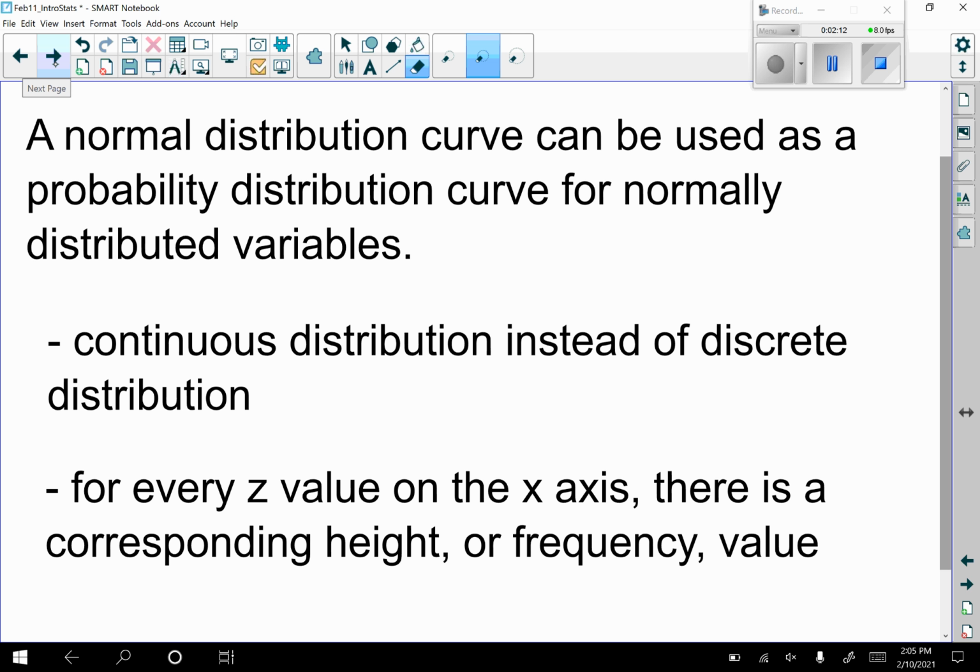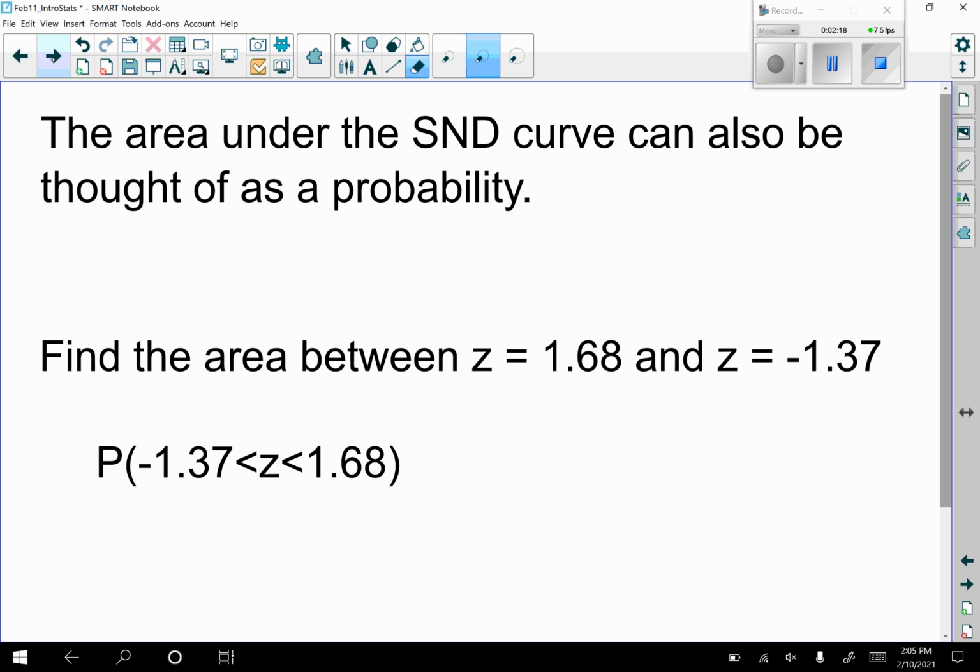All right, so we're still pretty much doing the same calculation as yesterday, but it's another way to look at this. As I just mentioned, the area under the standard normal distribution curve can also be thought of as probability. But yesterday we were asked this first way, find the area between z equals 1.68 and z equals negative 1.37.